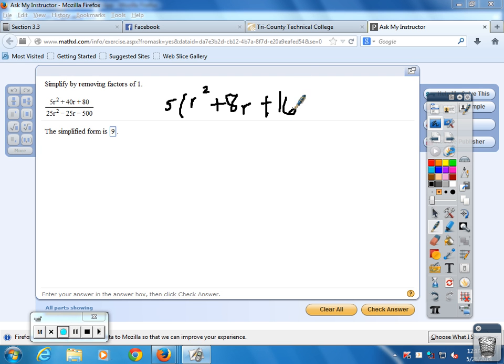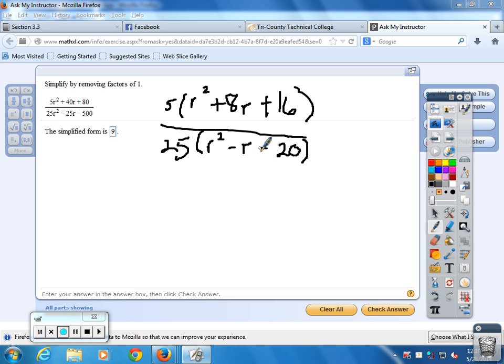That's shortcut number 1, Hubert. That's right, class. And then we can factor out a 25 here. That'll give us r squared minus r minus what? 20.